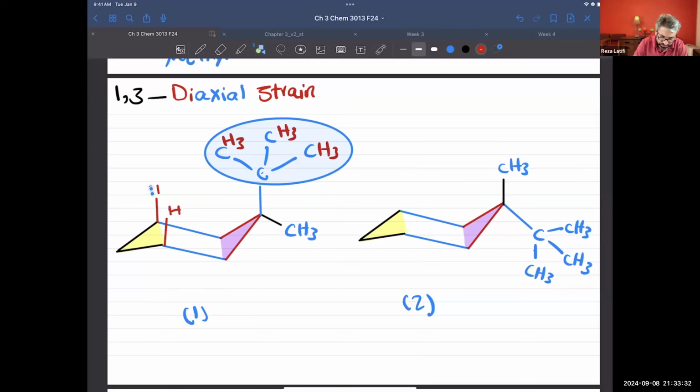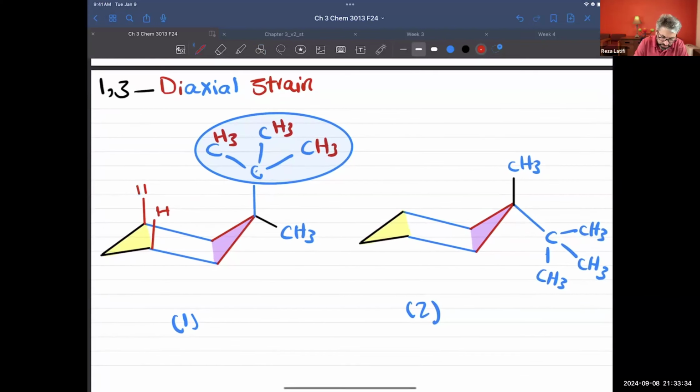Those 2 hydrogens are going to see that bulky group, and that's going to create 1,3-diaxial strain. How about the methyl? Of course, the methyl is going to create the same strain, but it's not as strong. Why? Because the methyl group is smaller than the tert-butyl.